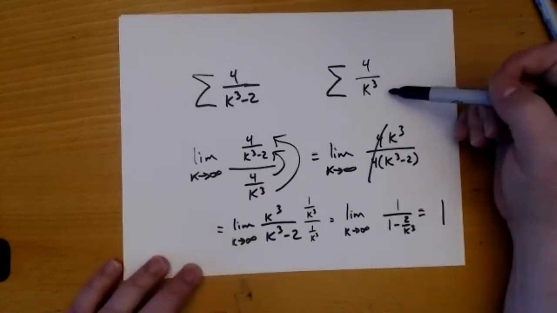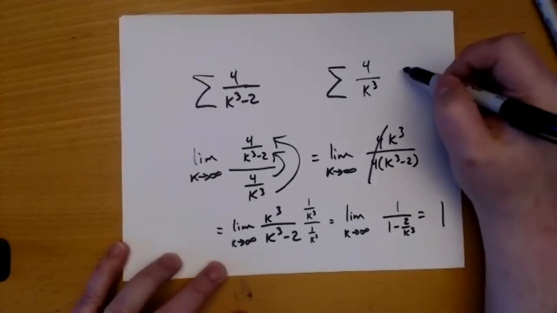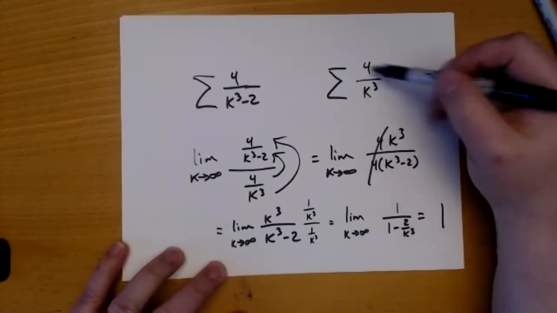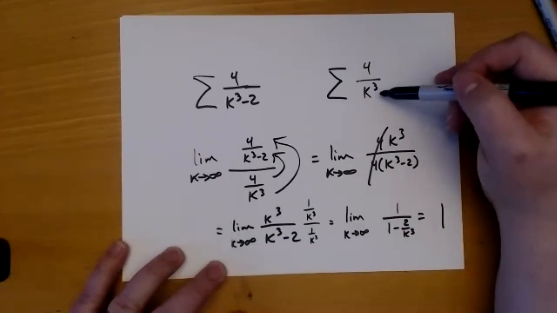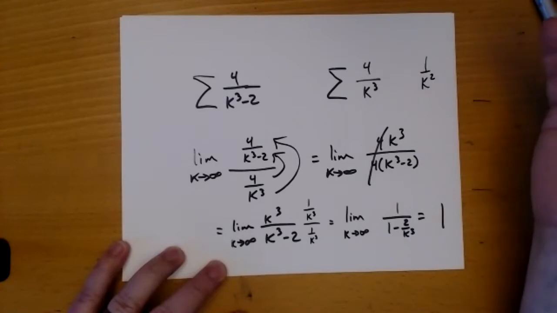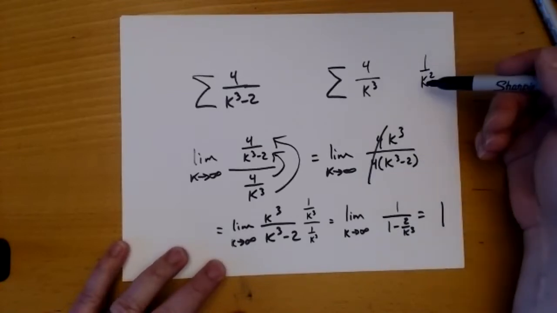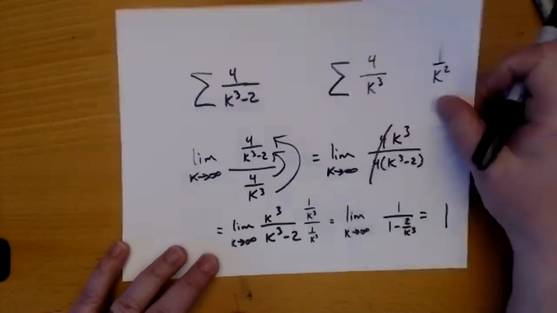You can say that this is a convergent, what is called a convergent P series, but I was going to talk about that later. But this converges because it's always smaller than 1 over k squared, right? You could use the direct comparison to show that that converges, right? Okay.